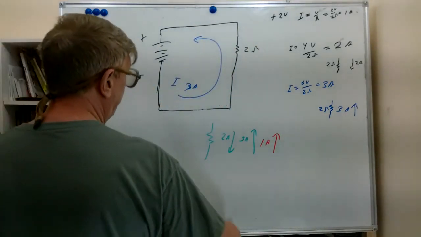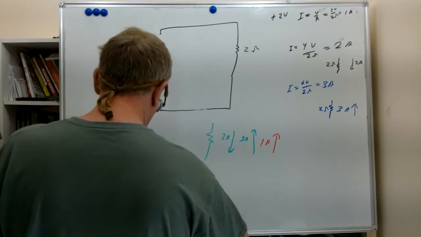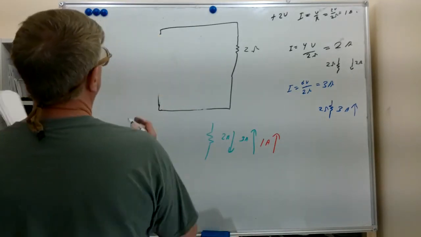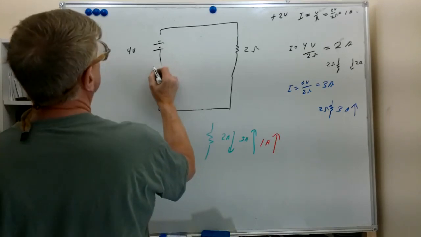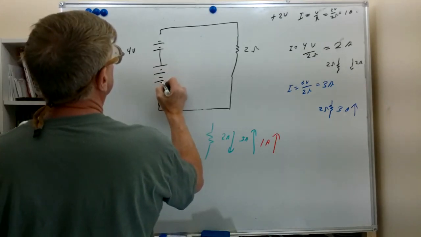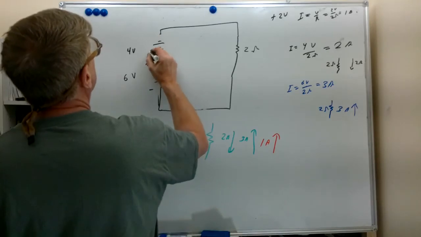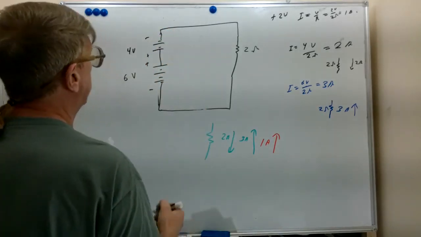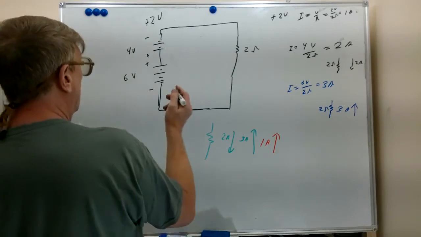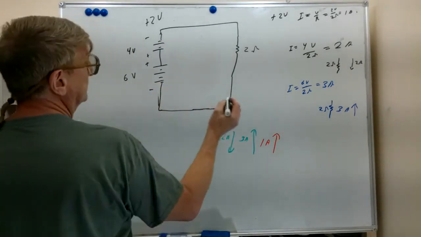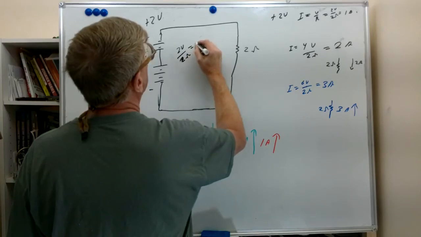And if you'll recall our original circuit, we had the 4 volt, and we had the 6 volt, and this was negative, positive, and this was positive, negative, which led to a plus 2 volts here, and the 2 volts divided by 2 ohms gave us 1 amp.